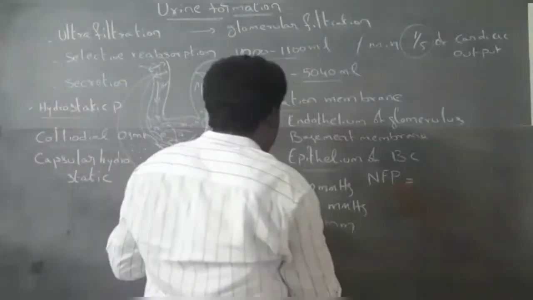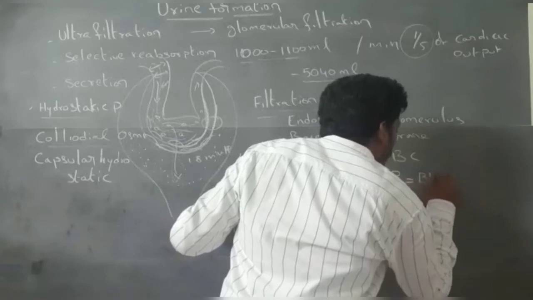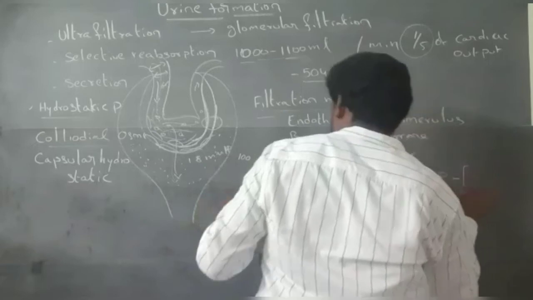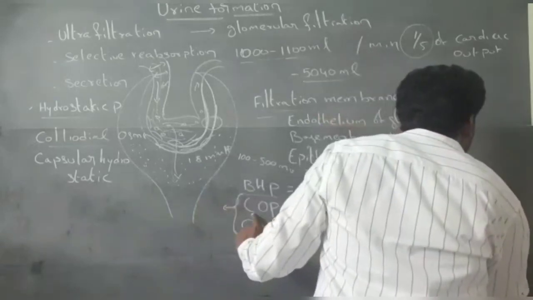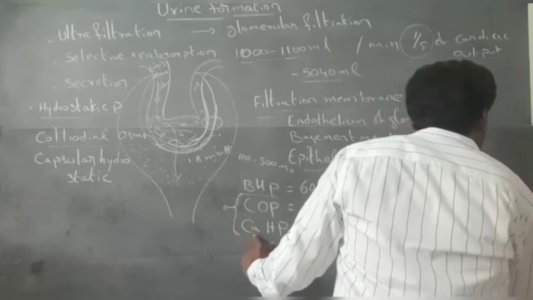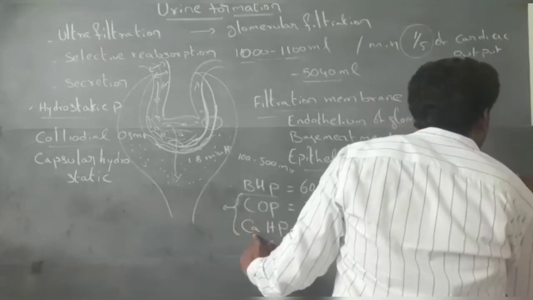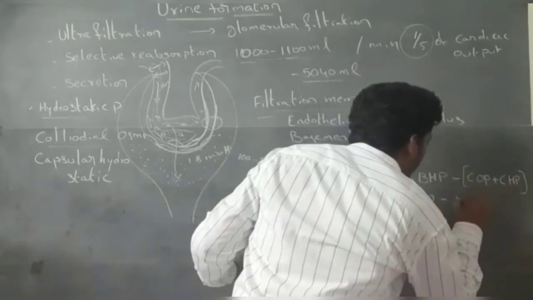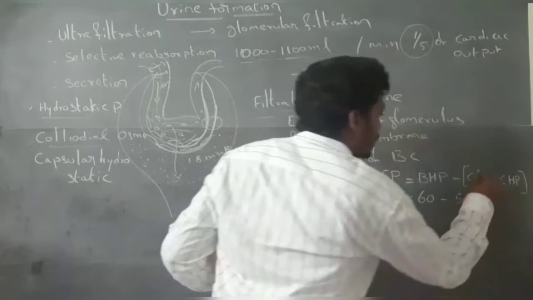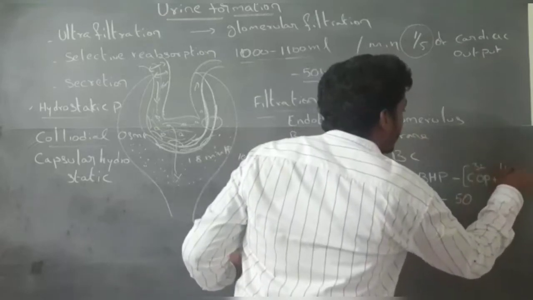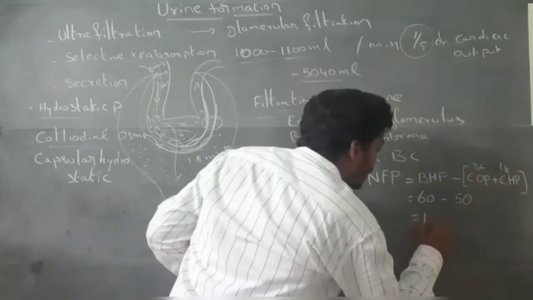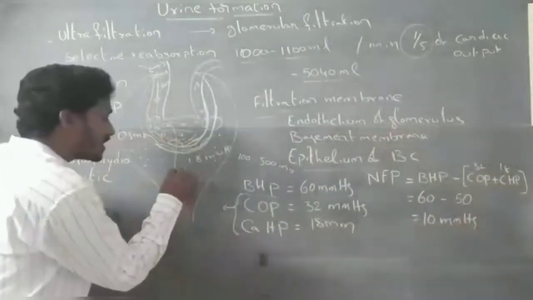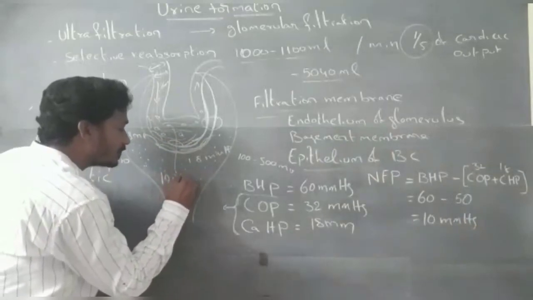Net filtration pressure is blood hydrostatic pressure minus colloidal osmotic pressure plus capsular hydrostatic pressure. This is 60 minus 50; this is 32, this is 18, total 50. Net filtration pressure is 10 mmHg.